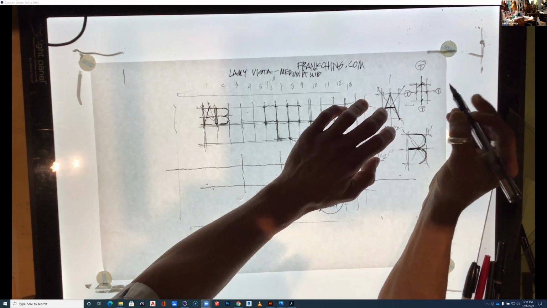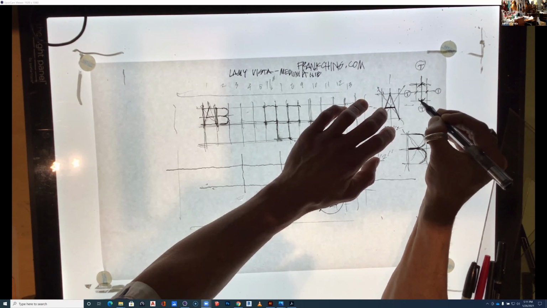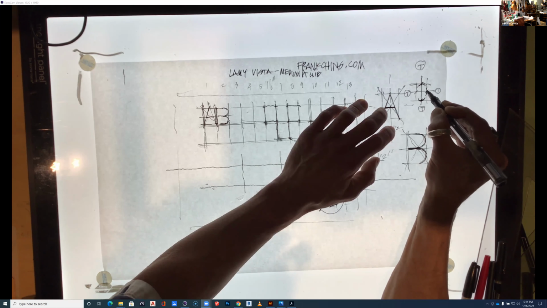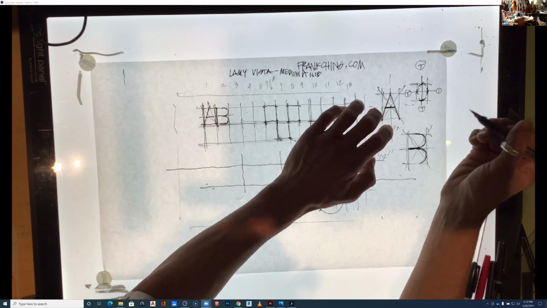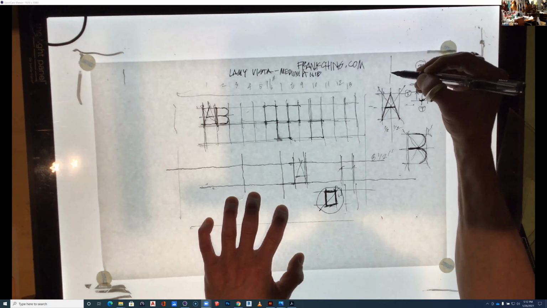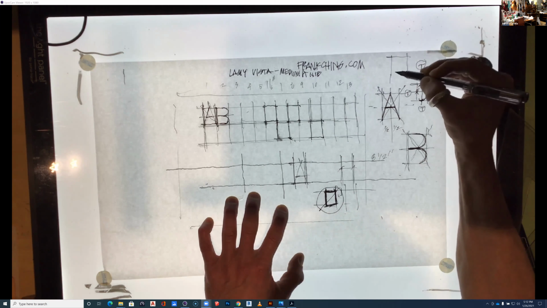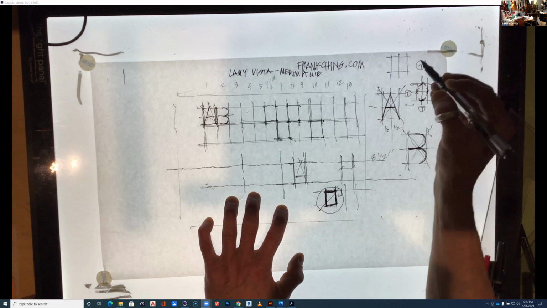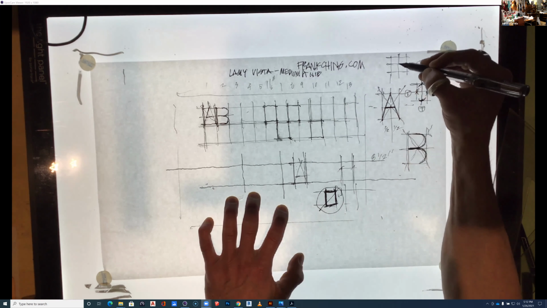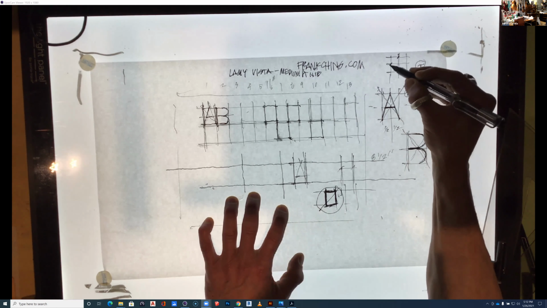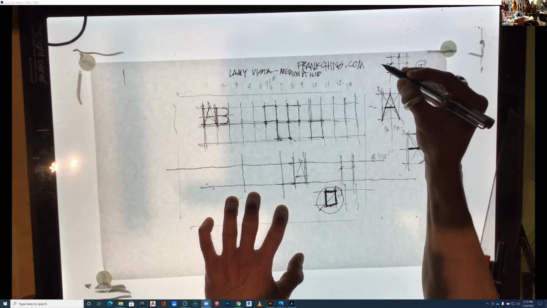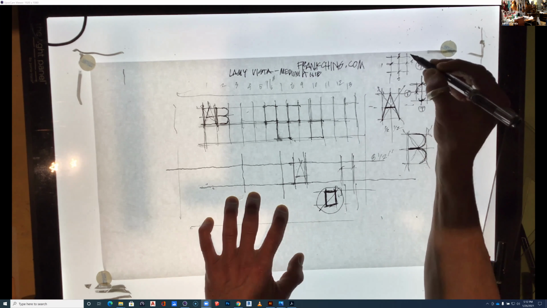That is a tangent. That is a tangent to the edge of a circular shape. If I were to draw a circle in a square, these points are points of tangency.